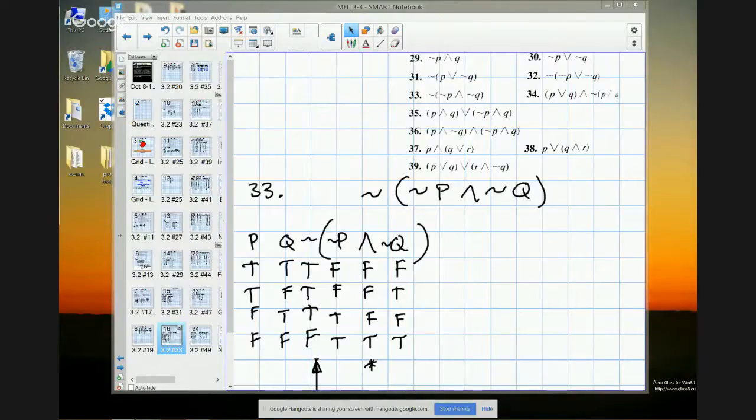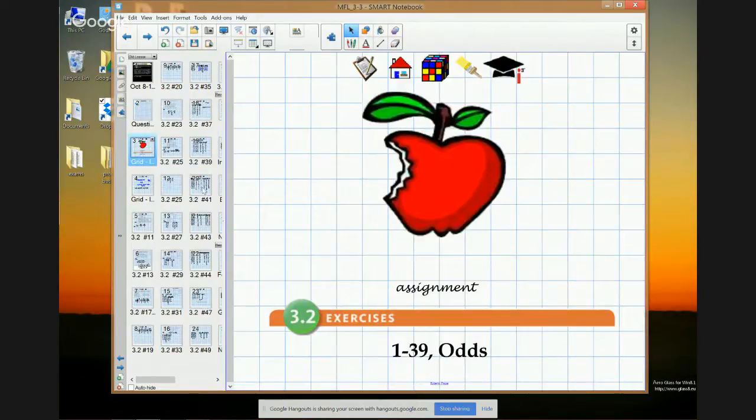And I'll get the pictures out of the way, so hopefully we can see a little bit better. Here was the assignment for that first lesson on Thursday night. Questions on that?